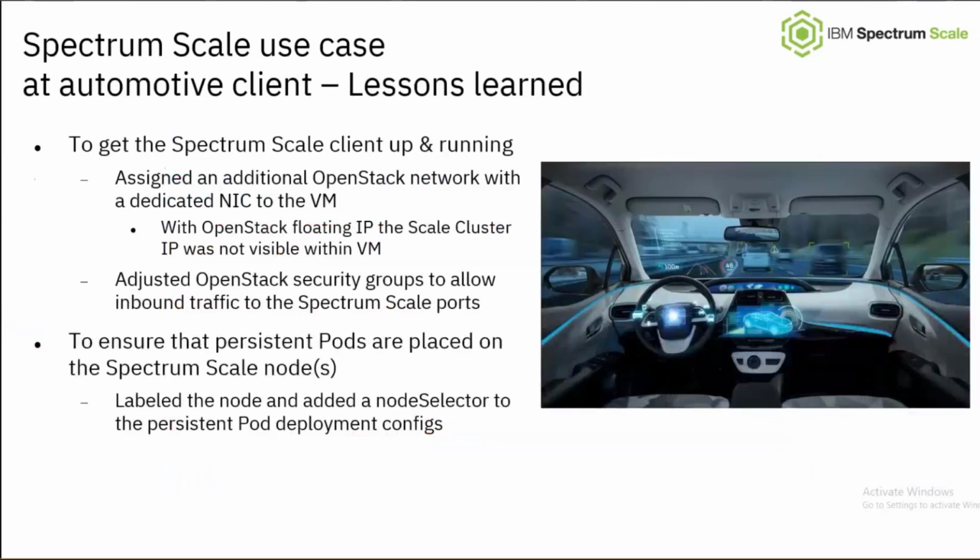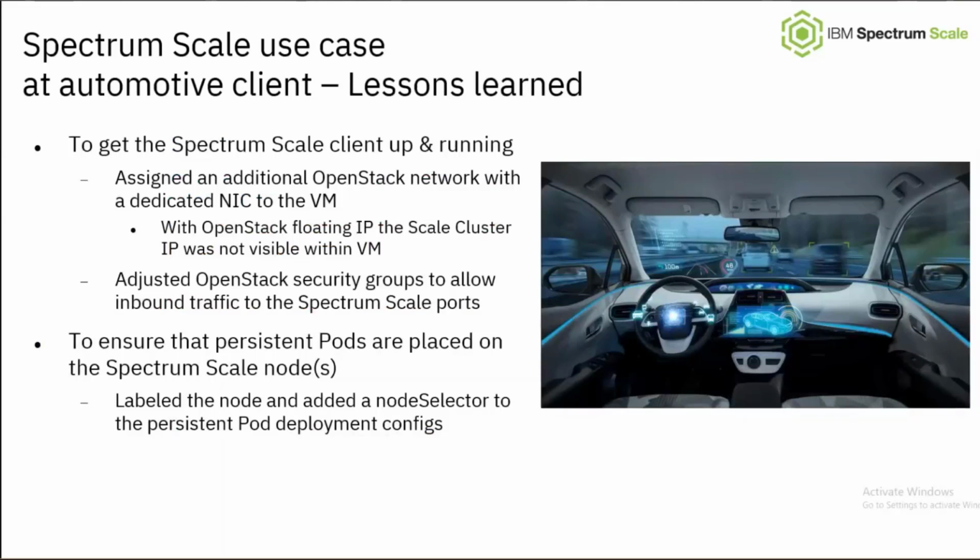So we got it up and running. We installed the solution that we had at that point in time for containers into their environment. There were some lessons learned, especially when you use OpenStack. You need to take care that the way they have planned their infrastructure, they did not have a dedicated network controller inside the VM.